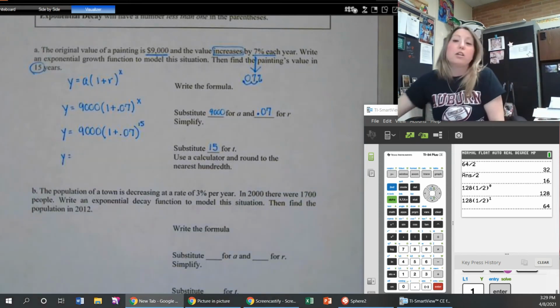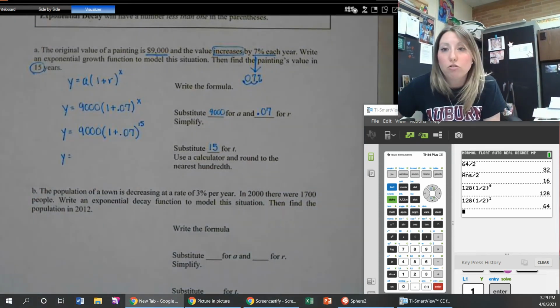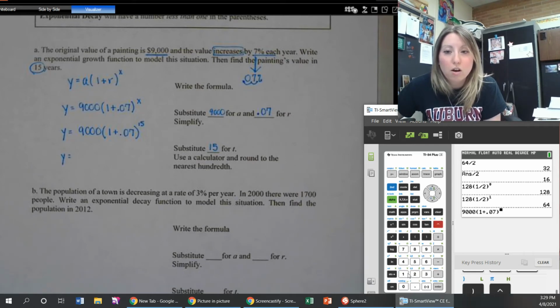Now remember, we're talking about a painting's value, so we need to make sure our final answer is in dollars and cents. So 9,000 times (1 plus 0.07), end parenthesis, and then caret to the 15th power. So this is 15 years later.